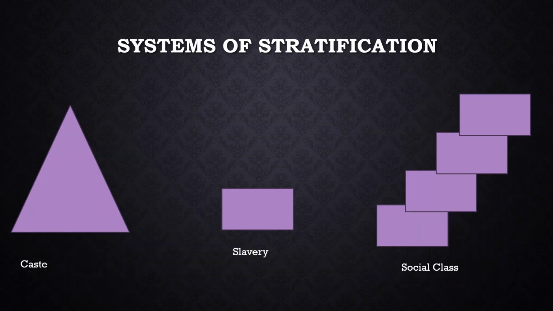So there are three major systems of stratification. The first one that we're going to talk about is the caste system. The caste system, usually you'll hear about that in India. It is where you are born with your job, your marriage, all of that, and you're going to stay in a certain realm.